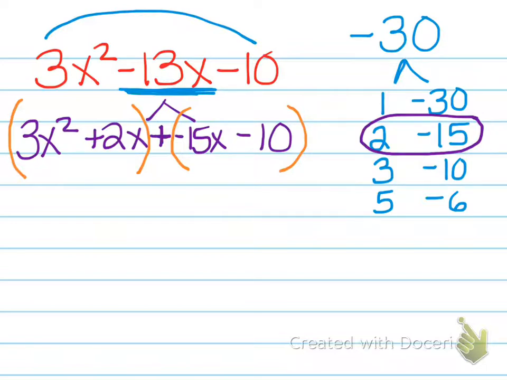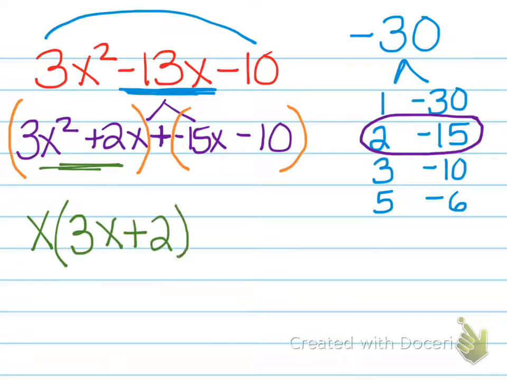You're going to take a GCF out of the first binomial, and that GCF is x. And I'm going to be left with 3x plus 2. And then I'm going to take a GCF out of my second binomial. So I'm going to pull out negative 5, and I'm going to be left with 3x plus 2.